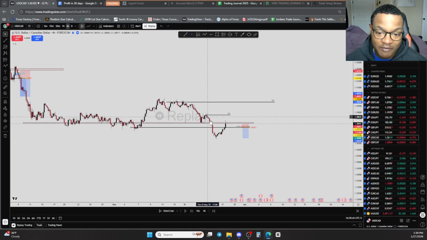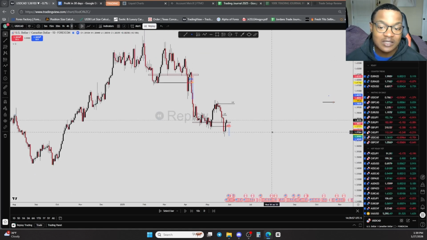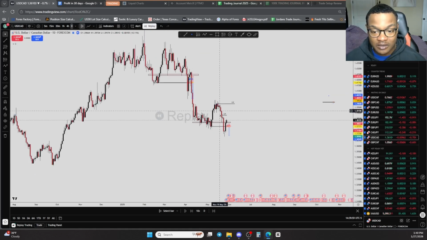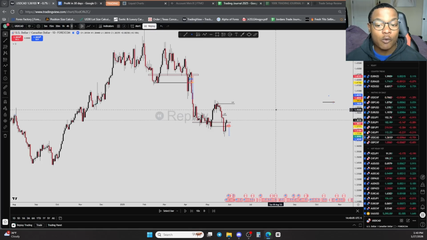We see price have the extension, now form a clean pullback towards this recent break of structure, performing the break and retest. And as soon as price taps back in on the 4 hour, if I go towards the daily, we see that the daily is doing the exact same thing. The break and retest of the daily structure, but ultimately giving us that ability to pull back into that 4 hour zone.